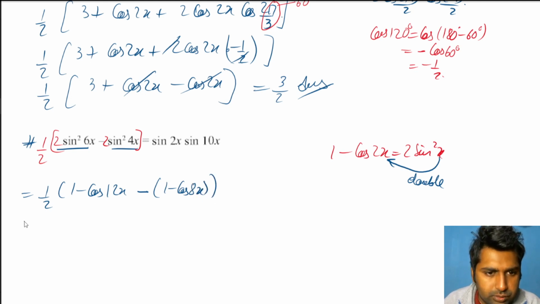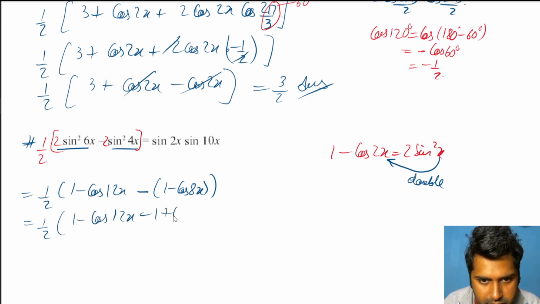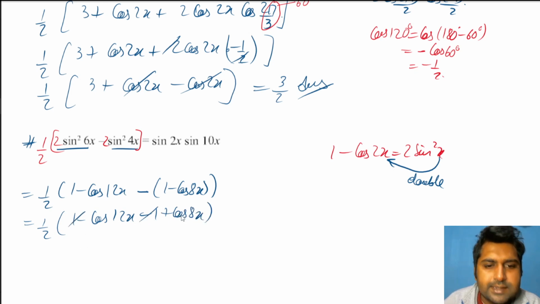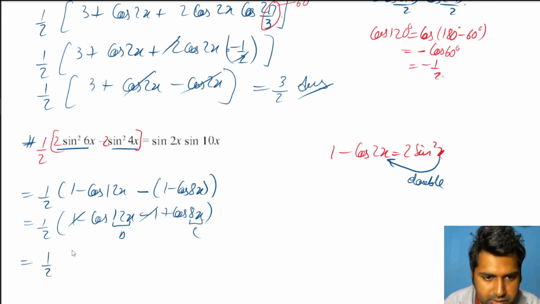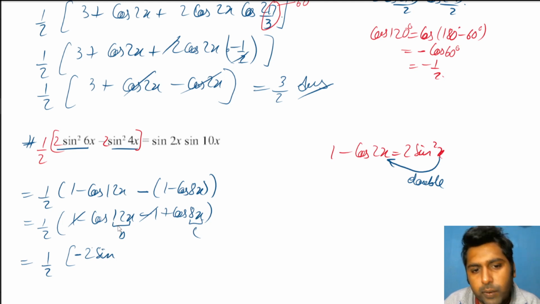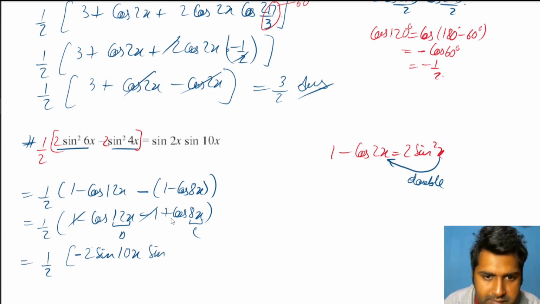Okay. So now 1 by 2, let's open the bracket. So that becomes 1 minus cos 12x minus 1 plus cos 8x. 1 cancels, and this is nothing but again cos C minus cos D. Just apply the property of cos C minus cos D. So minus 2 sine C plus D by 2. So 8 plus 12, 20, 20 by 2, 10x, sine C minus D by 2.